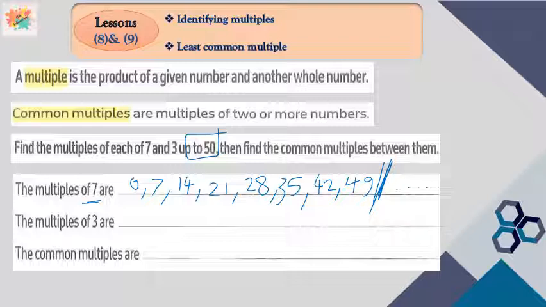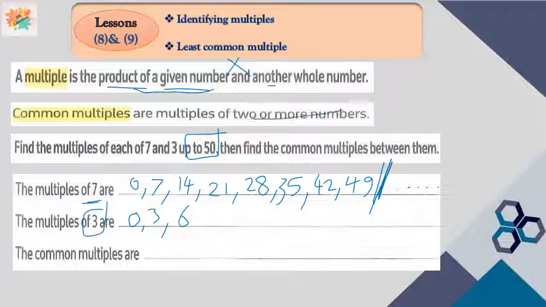The multiples of 3 start with 3 times 0 equals 0, 3 times 1 is 3, 3 times 2 is 6. Why do we use times, Mr.? Because the product means multiplying the given number, which is the number you have, by another number.